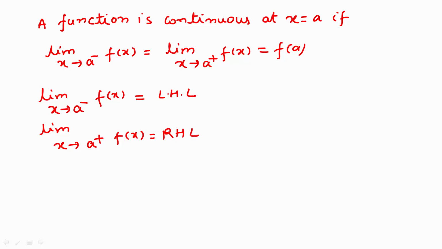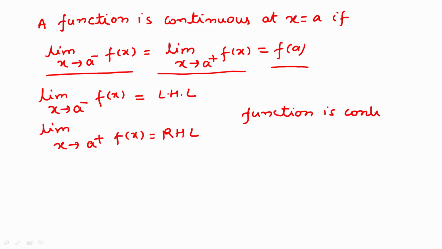So the conclusion is, if your left hand limit and right hand limit at x is equal to a are equal, so we will say that the function is continuous at x is equal to a.